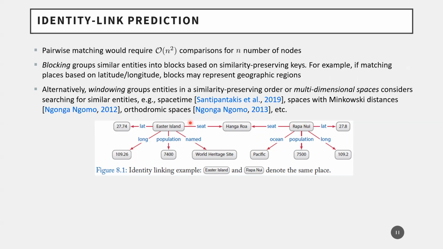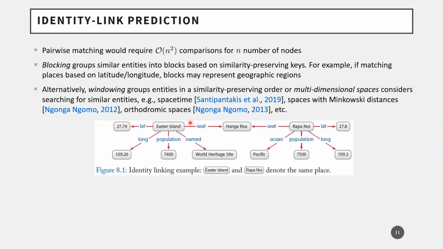For the task of identity link prediction, pairwise matching would require a complexity of O(n²) comparisons for n nodes. So it's quite high complexity. How do we solve this issue? Blocking groups similar entities into blocks based on similarity-preserving keys.